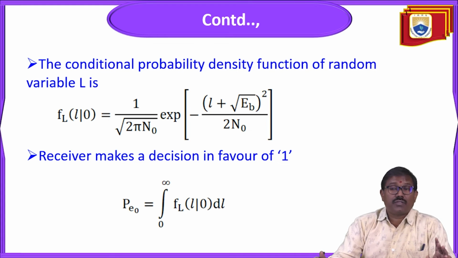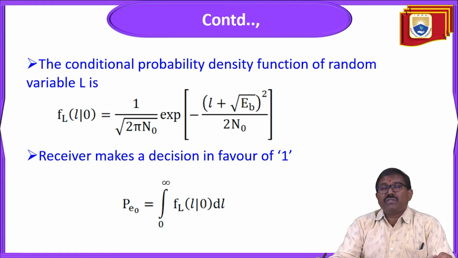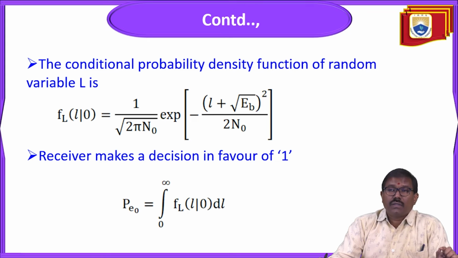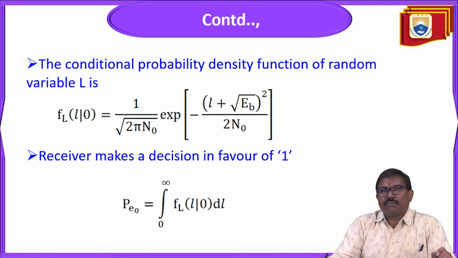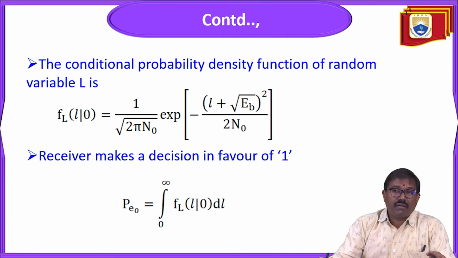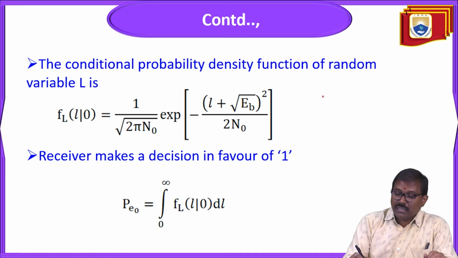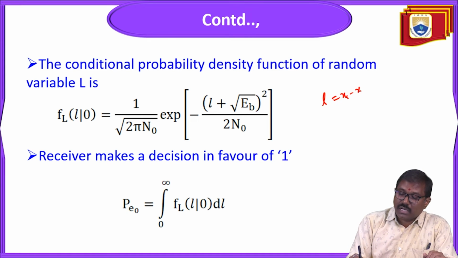Why is this changed from the previous one? In the previous one, we had only one observation vector, that is xj. But here it is a combination of two vectors, that is L is equal to x1 minus x2.